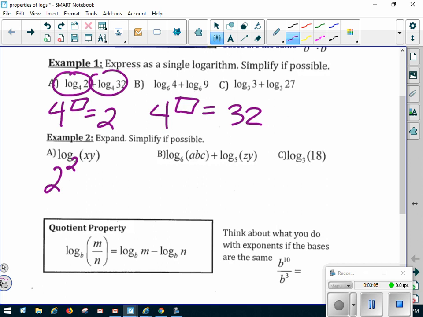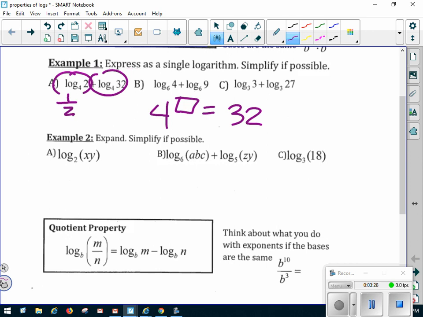So the question here is 4 to what power is 2? 1/2, right? Because the square root of 4 is 2. So do you agree that that's 1/2? So the answer to this piece right here is 1/2.